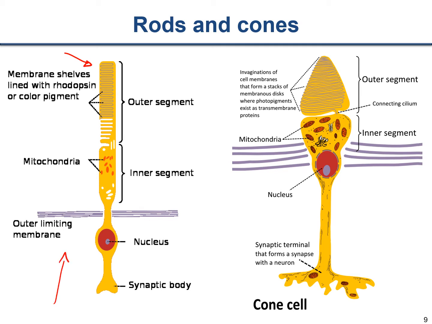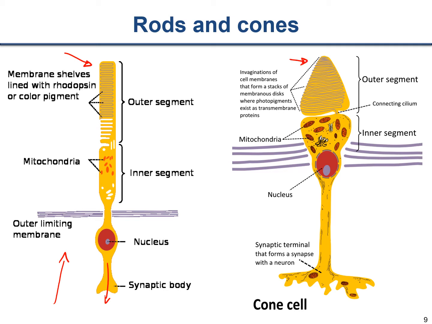And in here, and we'll study this a little bit more shortly, will eventually cause some chemical imbalance to happen in the cell. There's going to be some sodium channels that close and therefore cause a chain reaction that will create an action potential that gets sent along the synaptic body, for eventual translation across the optic nerve into the brain. The same thing happens over here.